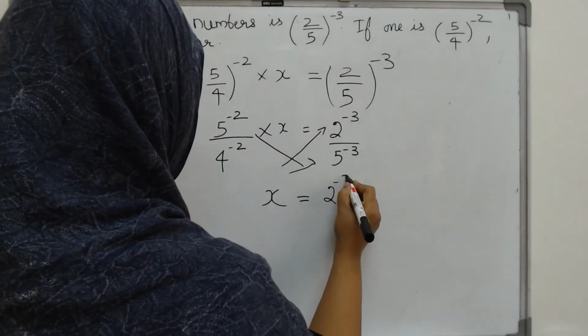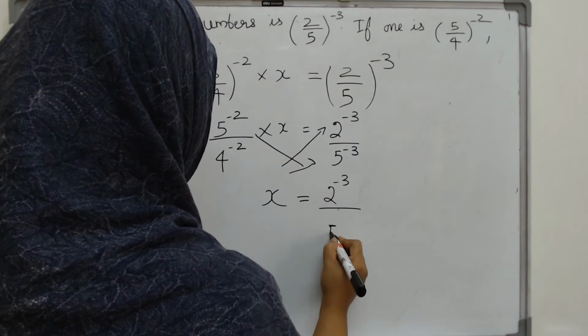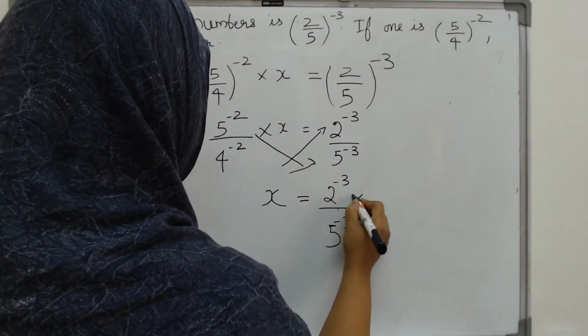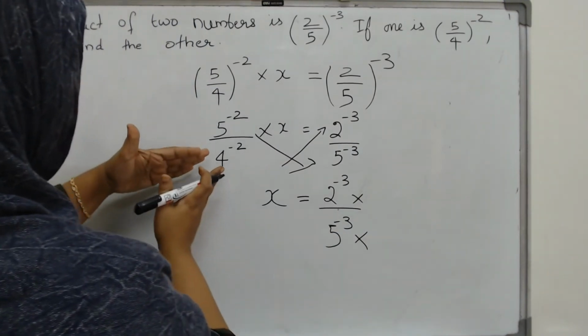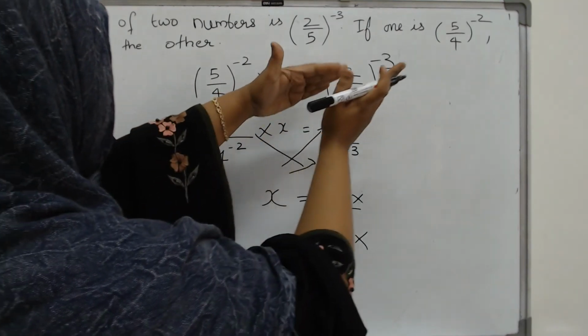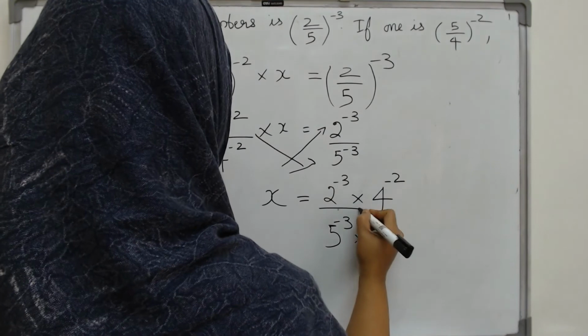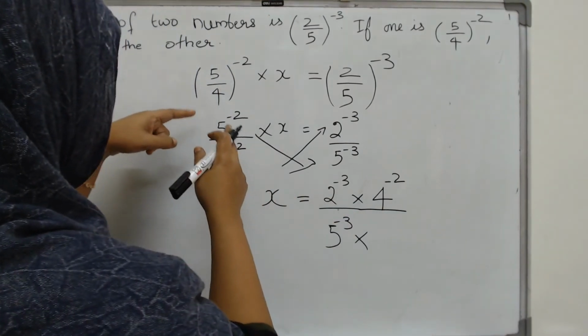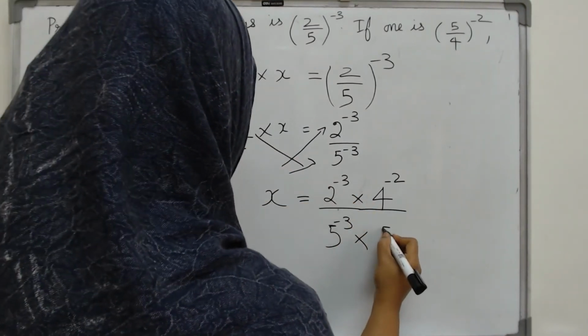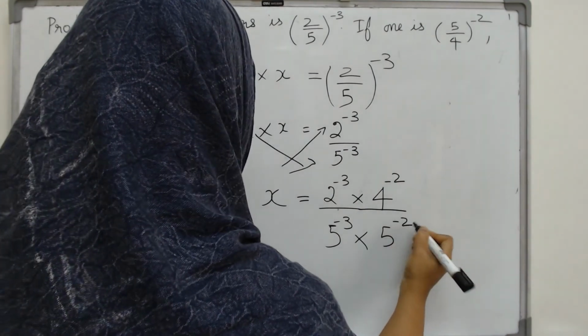So what do you have here already? You have this here already. When you cross multiply, what is in the denominator goes up. So this would be 4 raised to minus 2. And what is in the numerator? That comes down into 5 raised to minus 2.